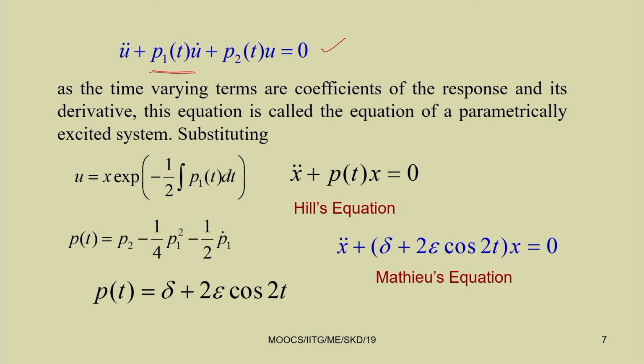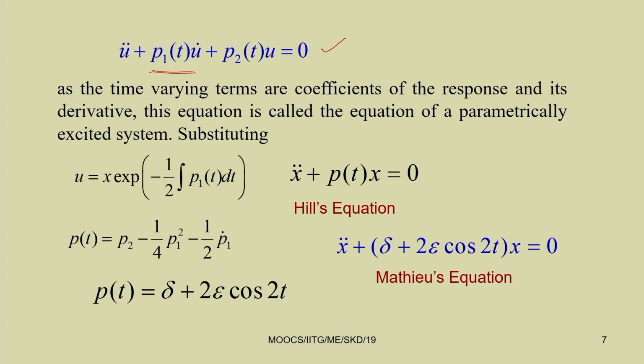By putting u equal to x e to the power minus half integration p1(t) dt, you can write this equation in this form: x double dot plus p(t) x equal to 0, where p(t) equals p2 minus 1 by 4 p1 squared minus half p1 dot. Now the p1(t) u dot term, that is the derivative term, is not there, and it is simply written as x double dot plus p(t) into x.